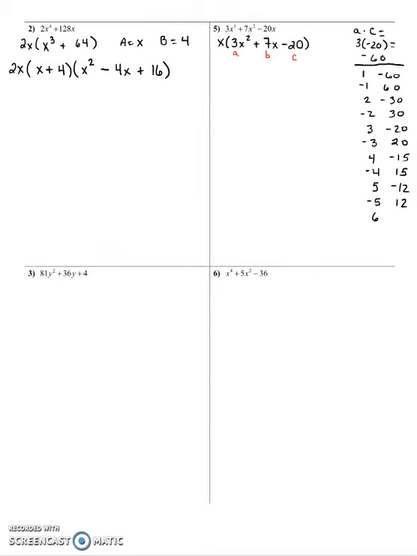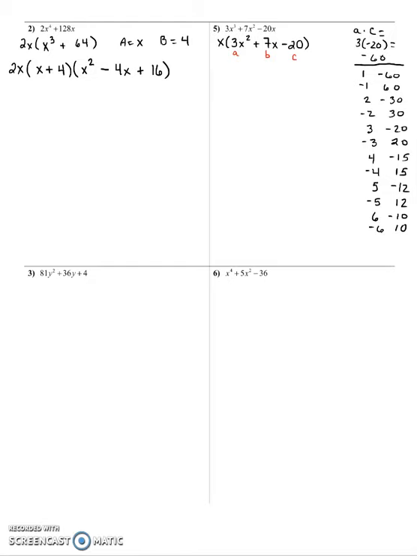Let's see, 6 and negative 10, negative 6 and positive 10. 7 doesn't, 8 doesn't, 9 doesn't, and when we get to 10, we're looping back around.